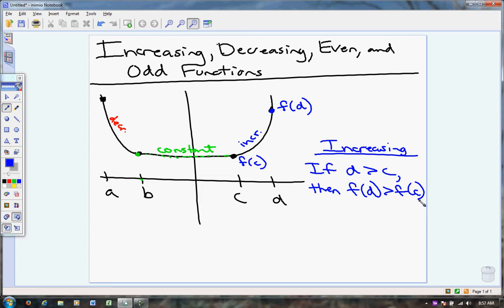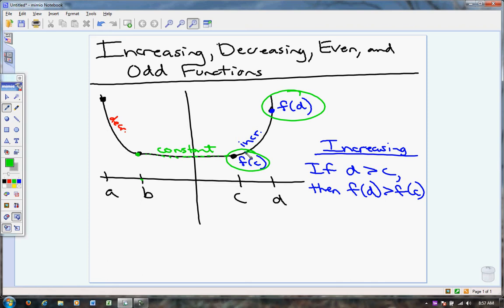If the function is increasing on a certain interval, then this function value right here has to be bigger than this function value. That makes sense, doesn't it? That's kind of common sense. That's why I said we're not going to write it all out.